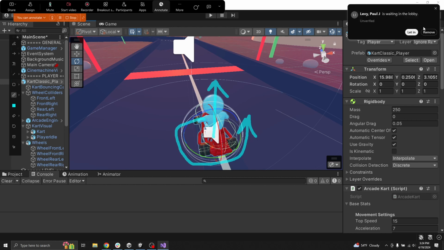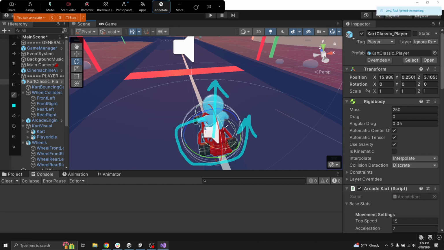So if we were saying instead, hey, rotate around your local z, which would be pointing down the road because we're looking down the road, notice how the blue circle is going this way. We'd be rotating like this.